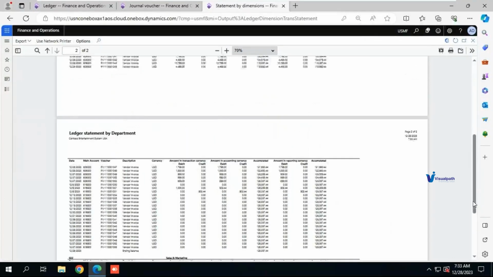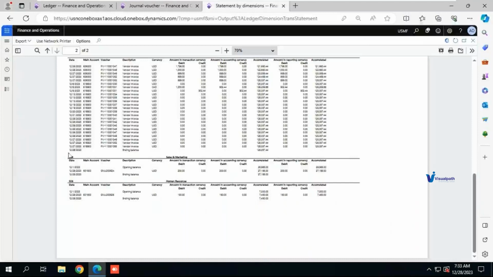Below that, department 022, sales and marketing, they have used $200. Department 26, human resources, they have used 150. So I can generate reports clearly showing which department and which business unit they are using.